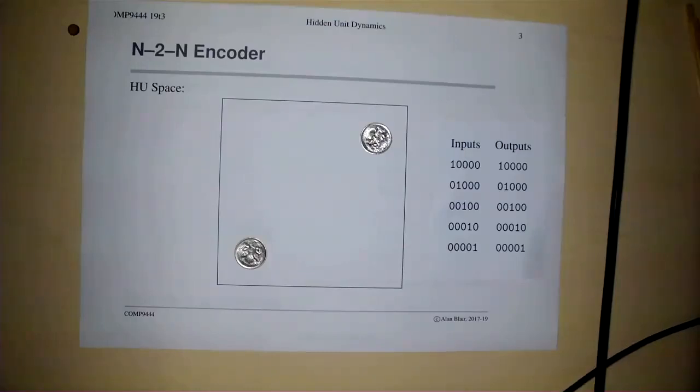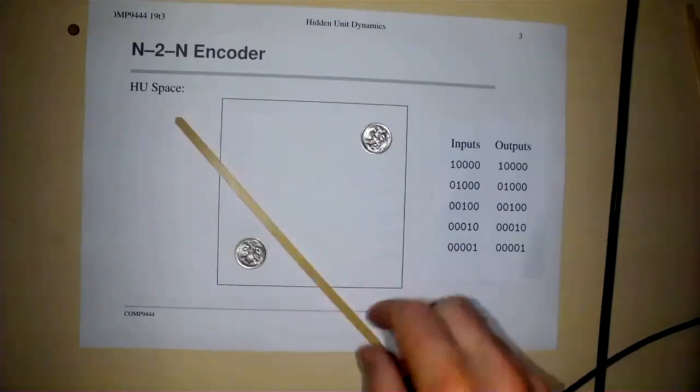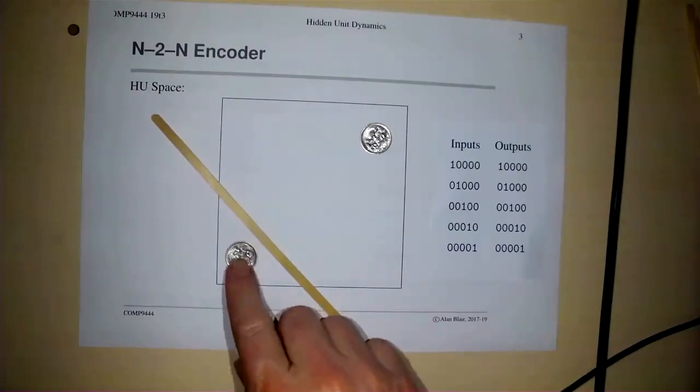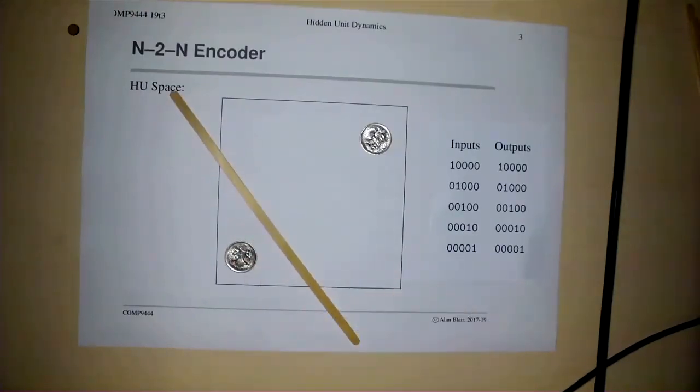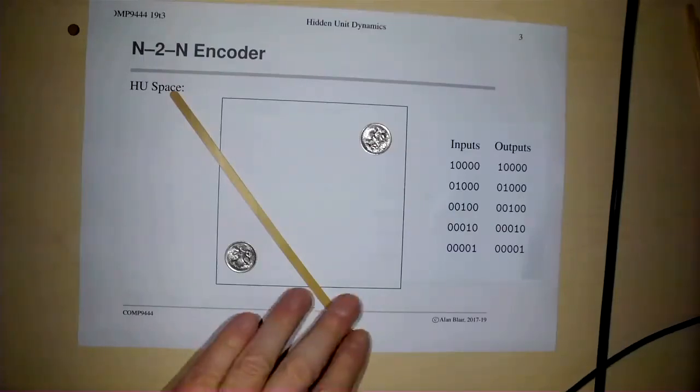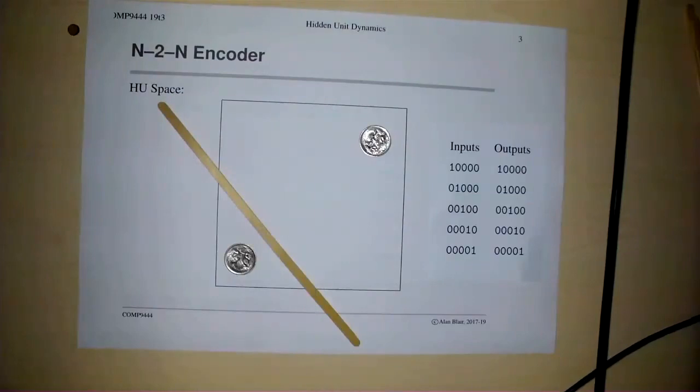Now, what about the hidden to output weights? Well, it's convenient to draw these as a line, and this again goes back to what we were doing with the perceptron. But remember, this is sort of like a perceptron. The top layer of the neural network is kind of like a perceptron, but it's being applied to this hidden unit space.